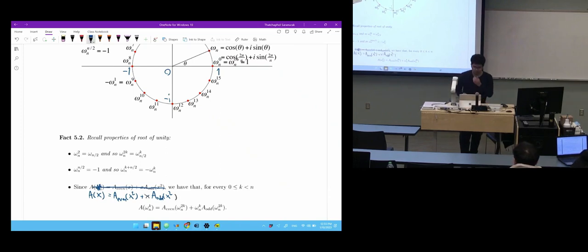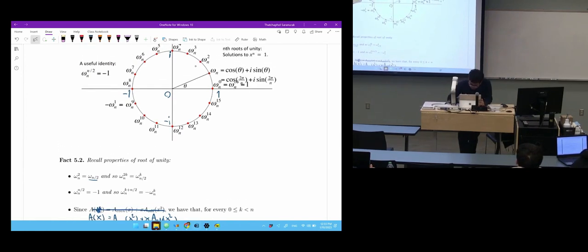Okay. So now there are some properties of roots of unity, let's go through them quickly. The nth root of unity squared is just the n/2 root of unity, right?